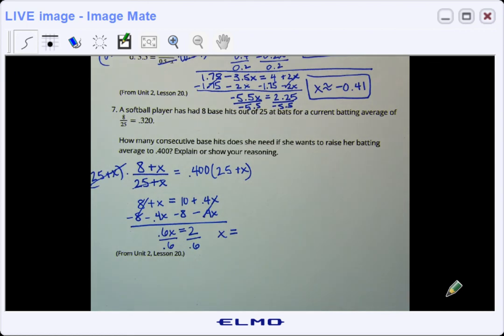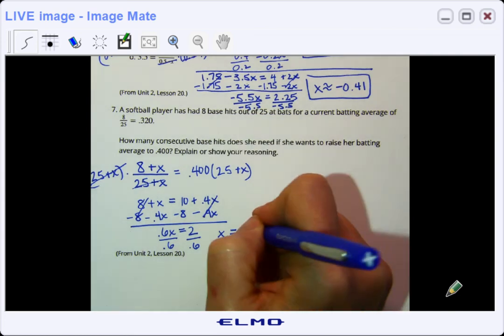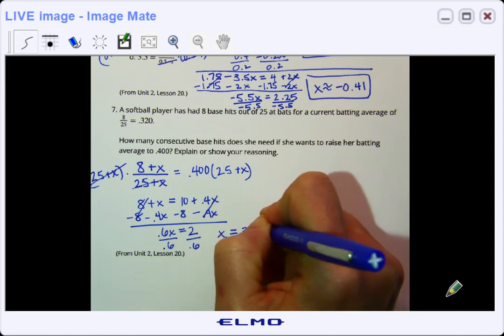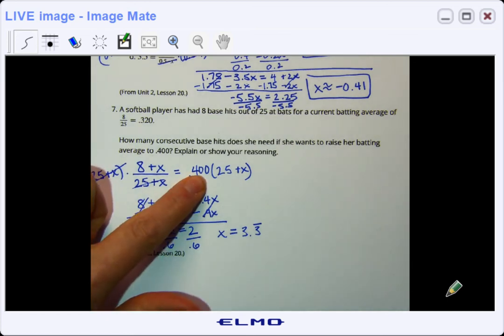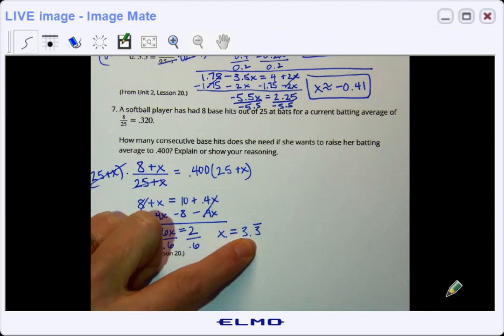it's like 3.3333, right? And so, in context, so 3.3 repeating, well, I wouldn't really say that. So if she gets just 3 consecutive hits, it's not going to be quite enough. She can't get a partial hit.